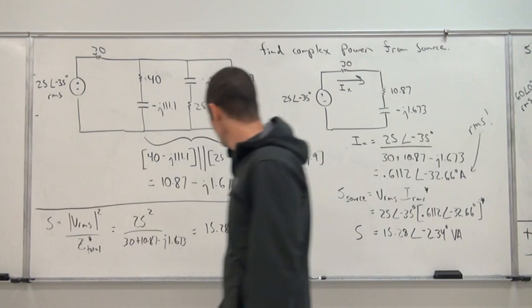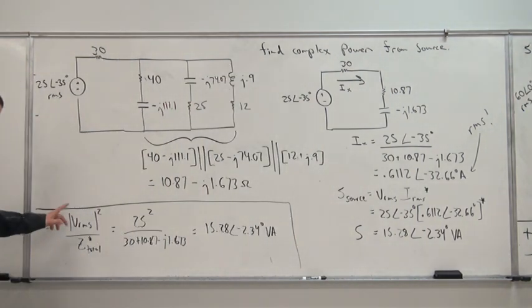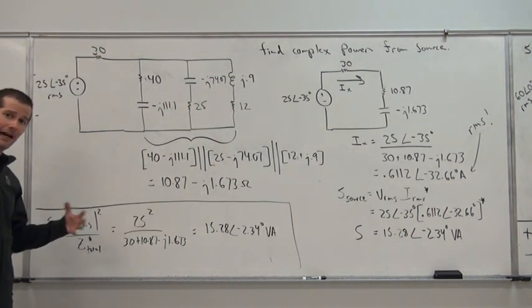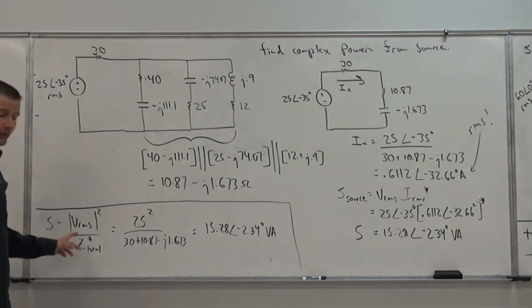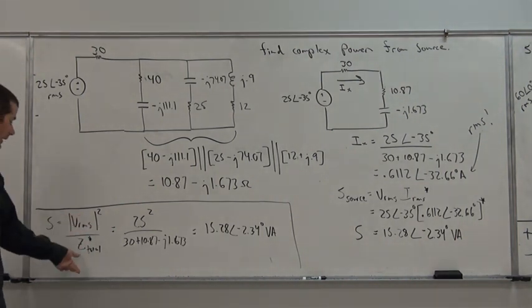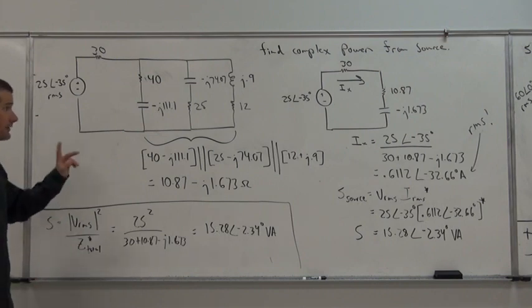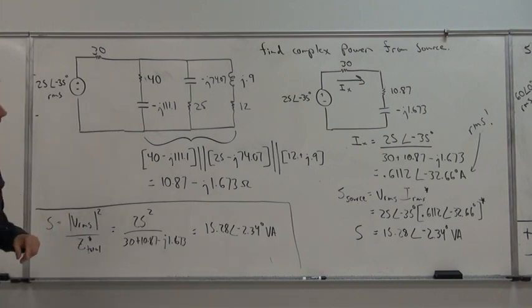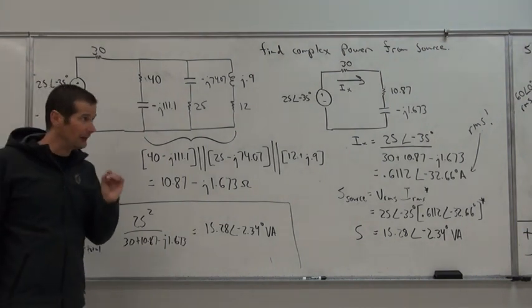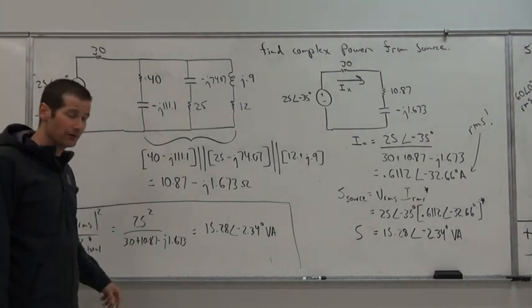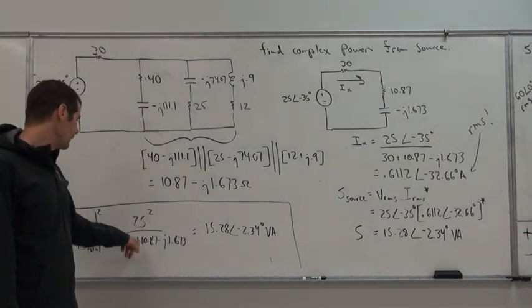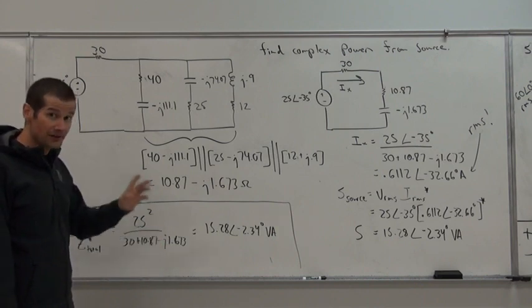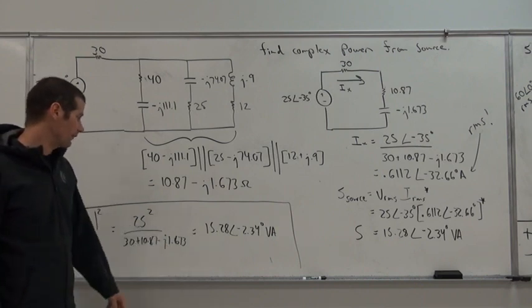And so if we look here, we get VRMS squared, or essentially the magnitude of that voltage squared divided by the conjugate of the total impedance within the system. And so we take the magnitude of 25 at an angle of negative 35 degrees, which is just 25 squared, over 30 plus 10.8 minus J 1.673.